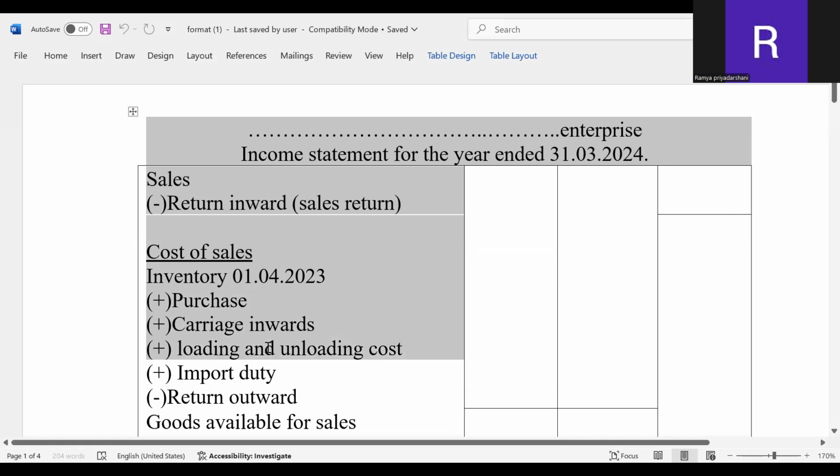I think how to prepare financial statements based on a trial balance. First one, adjustments should be done from the beginning.